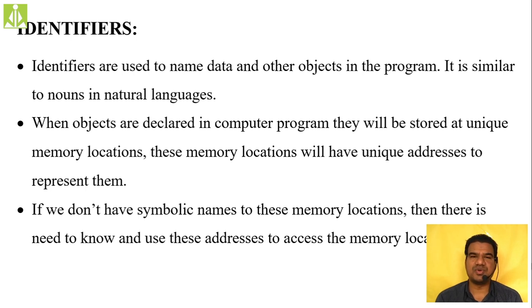Whatever manipulations you are doing, whatever logic you are applying on the data, you will get some result, and that result we print on the output screen. These four steps we follow in almost every C program.